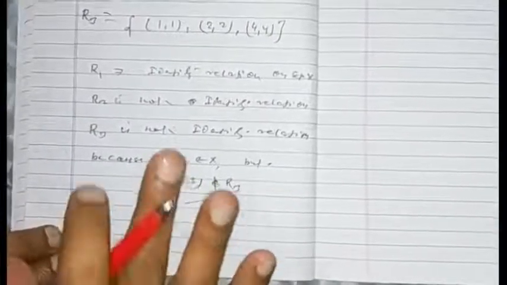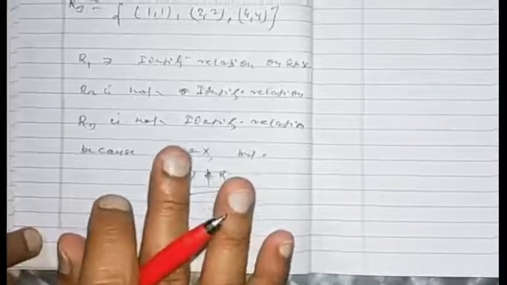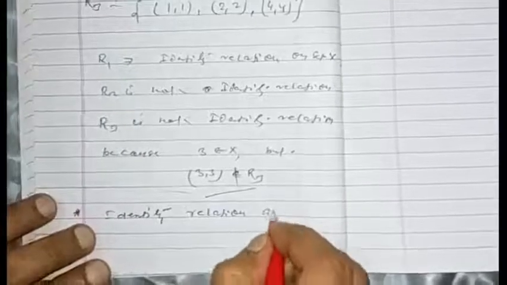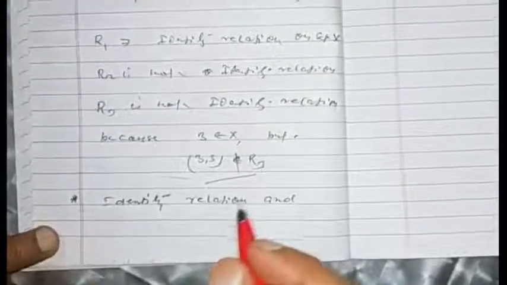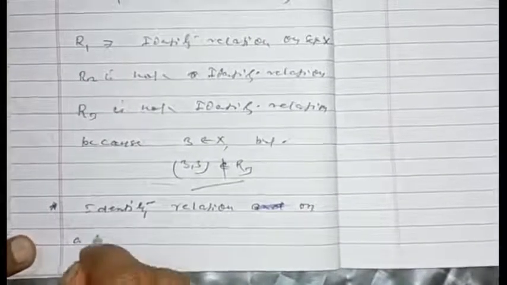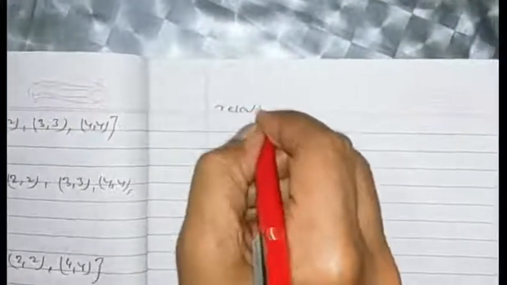An identity relation on a set X is always a reflexive relation on X. However, a reflexive relation on X is not necessarily the identity relation on X. Now we write it: an identity relation on a set X is always a reflexive relation on set X.